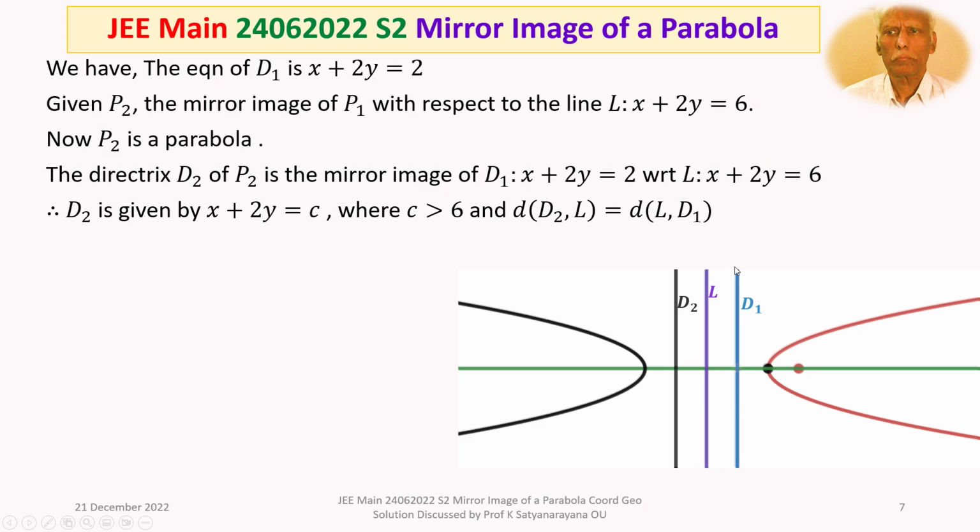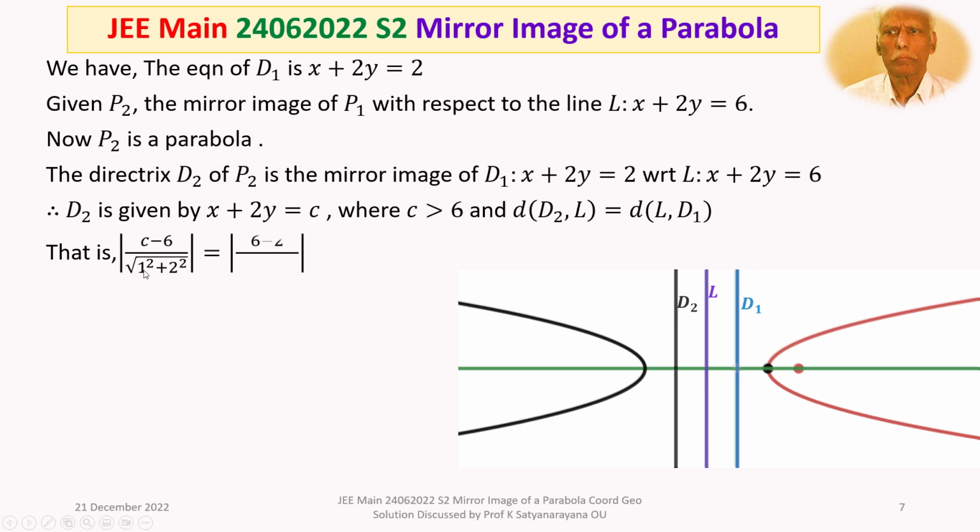Mirror image means the distance between L and d1 must be equal to the distance between d2 and L. That you have to compute.